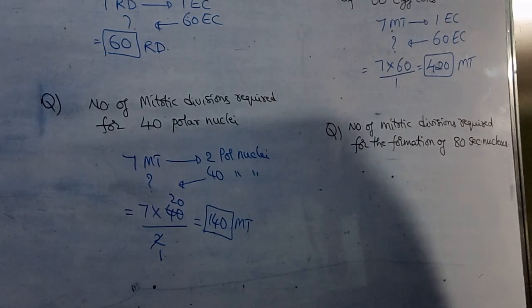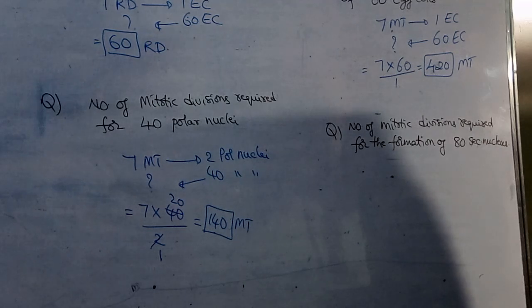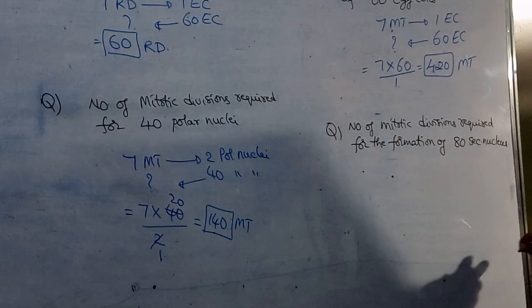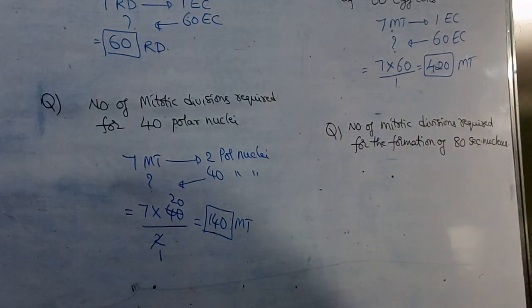How will the secondary nucleus be formed? The two polar nuclei combine together and form one secondary nucleus. Ploidy of the polar nucleus is haploid. Ploidy of the secondary nucleus is diploid. So here mitotic divisions are asked.